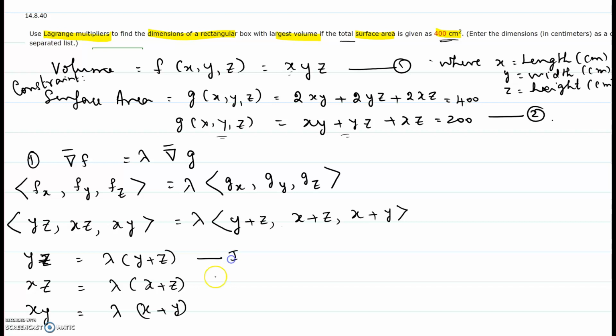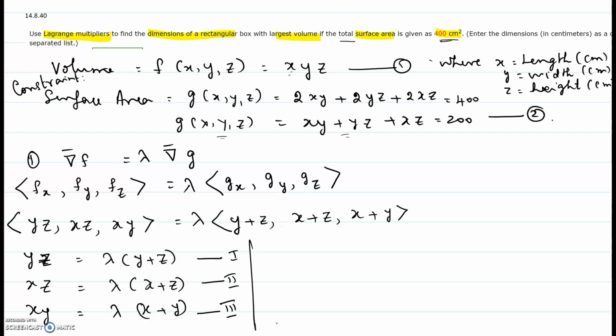We'll call it equation 1, equation 2, and equation 3. Now we have 3 unknowns and 3 equations. Lambda, y, and z in the first equation. In the second equation we have lambda, x, and z. In the third equation we have lambda, x, and y.